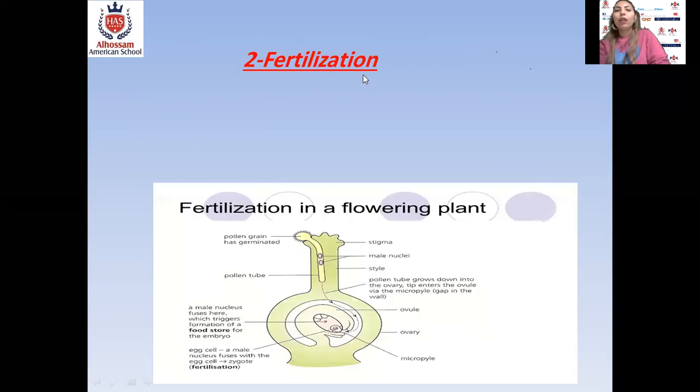Number 2, after pollination, fertilization. In this process, as you watch in the video and like this picture too, the pollen grain has 2 nuclei and makes a pollen tube which reaches the egg through an opening called the micropyle.